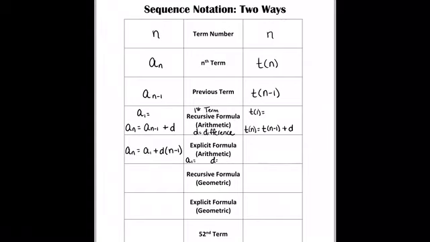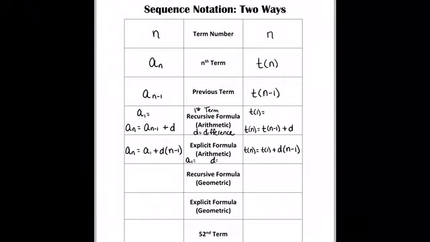And for the explicit side of things in the other notation, we would say t of n equals the first term, so t of 1, plus the difference times n minus 1.